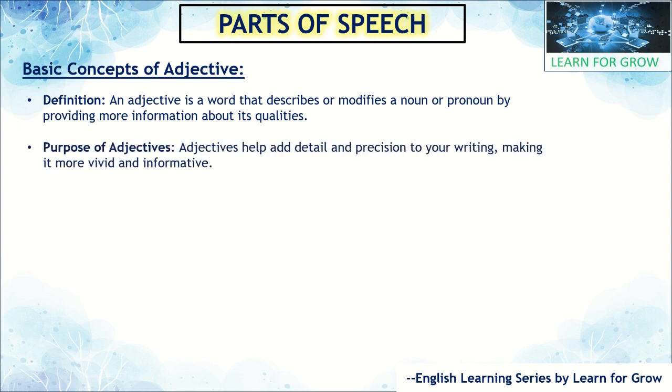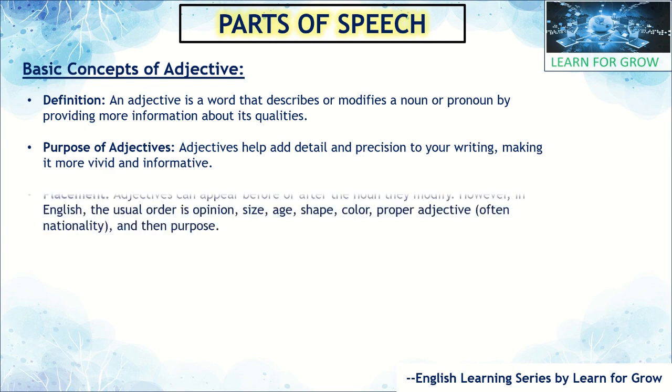See, the purpose of adjectives. What is the purpose of adjectives? You have to have a purpose, right? See here, adjectives help add details and precision to your writing, making it vivid and informative. It means adjectives help us give more information and a vivid, clear picture in writing or making a sentence.